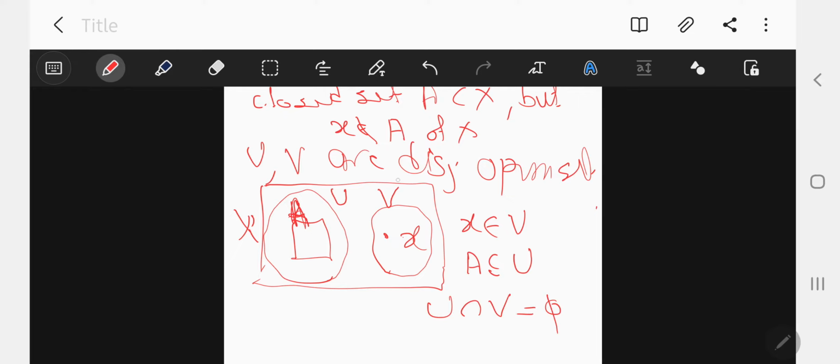Then this topological space X is called regular space.